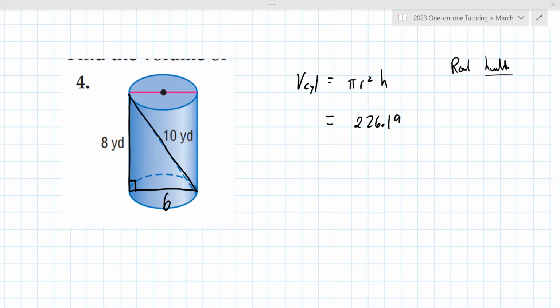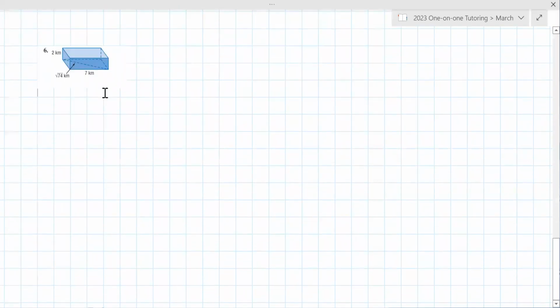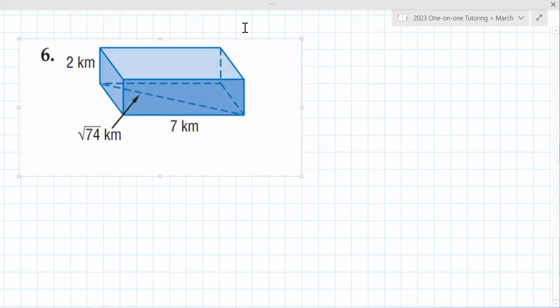Okay, let's look at another one here. Number 6. All right, so this time they want you to find the volume of this prism. Notice that the square root of 74 is the diagonal of the base.